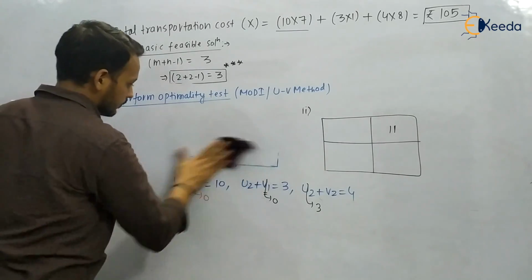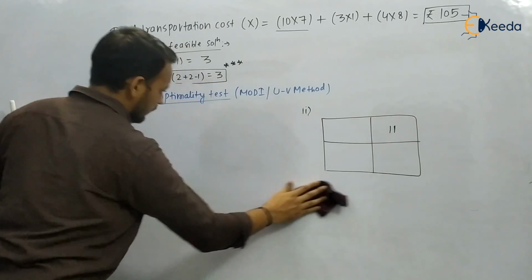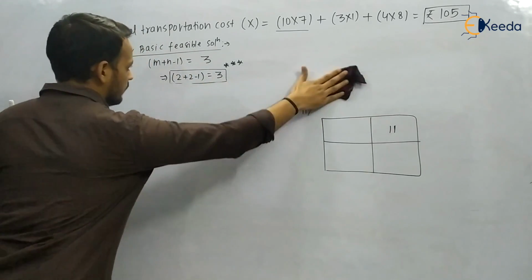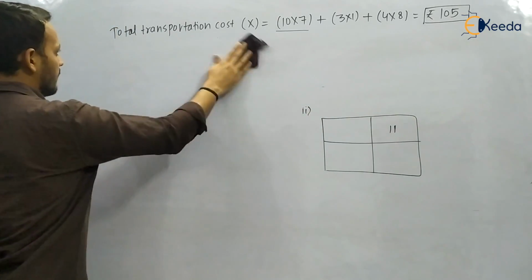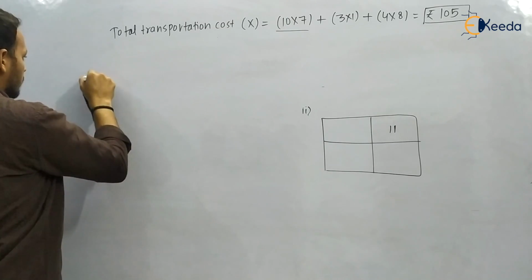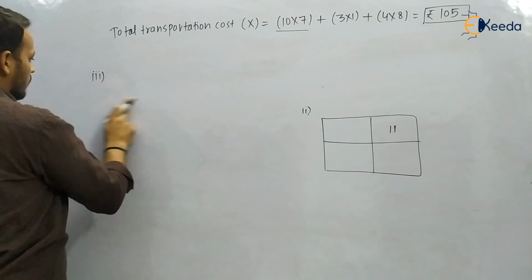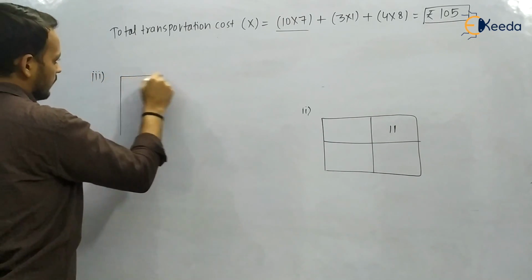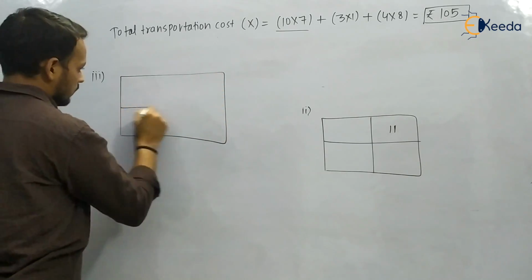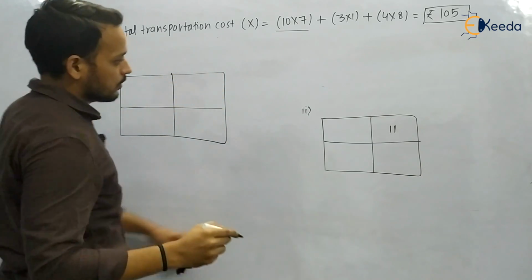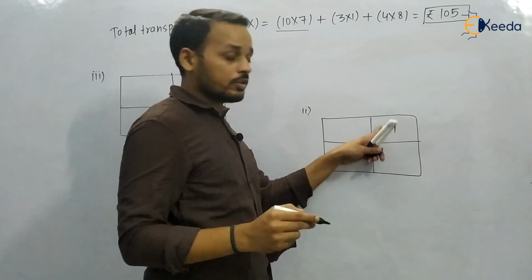Now the third point says subtract the Ui plus Vj matrix from the original cost cell matrix.